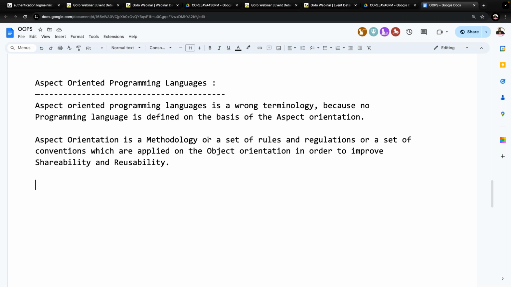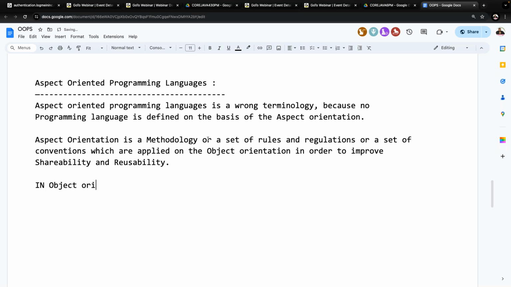For example, before aspect orientation, what programming languages are available? Object oriented programming languages are available. What strategy are we going to follow to prepare applications by using object oriented programming languages? If you think about it, the answer is very clear.